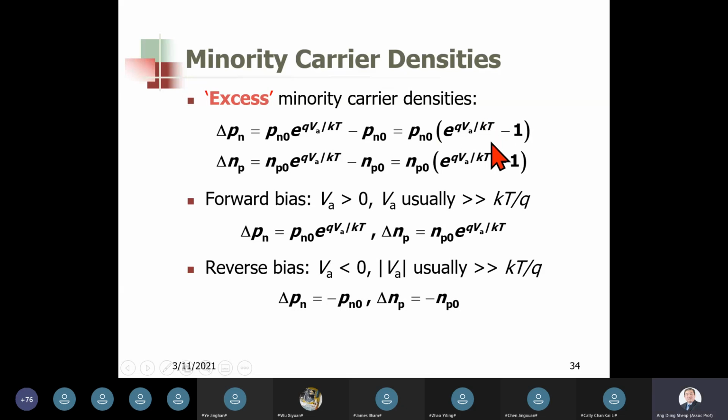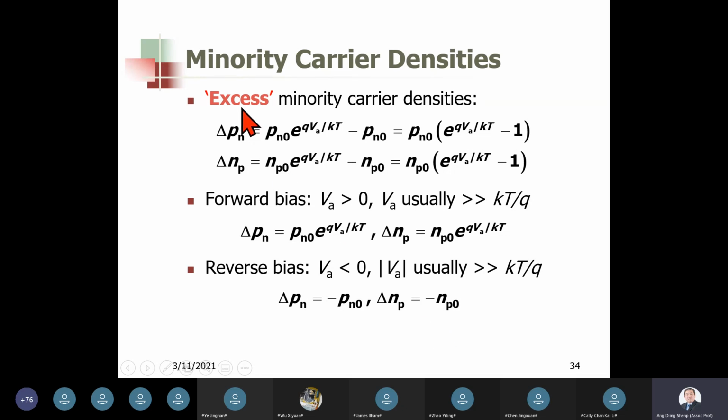So this exponential term can be neglected under reverse bias, allowing us to approximate the change in the minority carrier concentration as follows: delta Pn becomes minus Pn naught and delta Np becomes minus Np naught. Under reverse bias, obviously due to minority carrier extraction, we have a deficit of minority carriers in the two semiconductor regions.